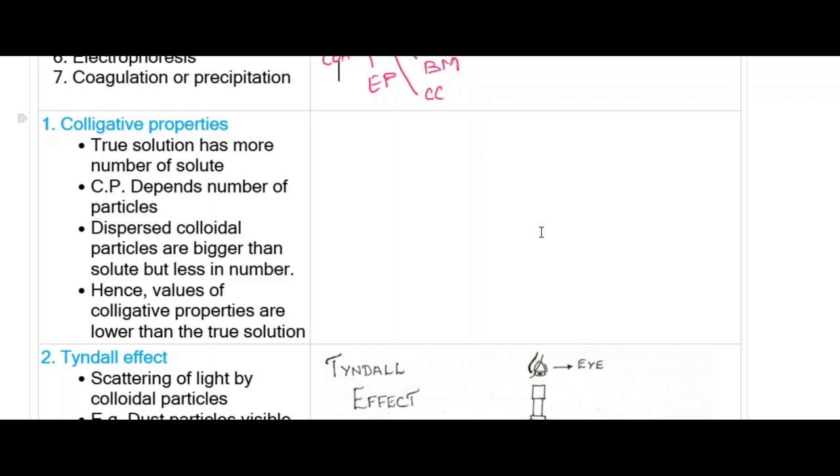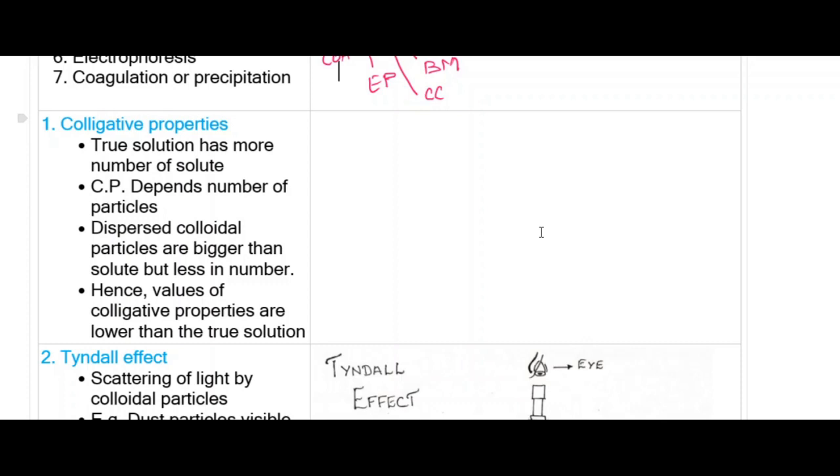So it's obvious that as far as a true solution is concerned, the colligative property depends on the number of solute particles. But let us consider the situation in the case of a dispersion of colloidal particles.